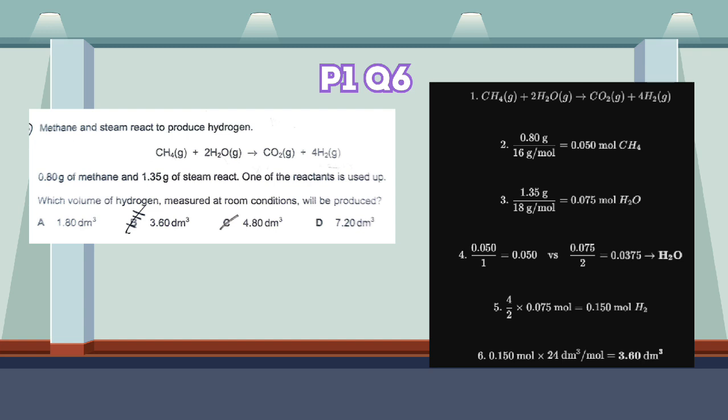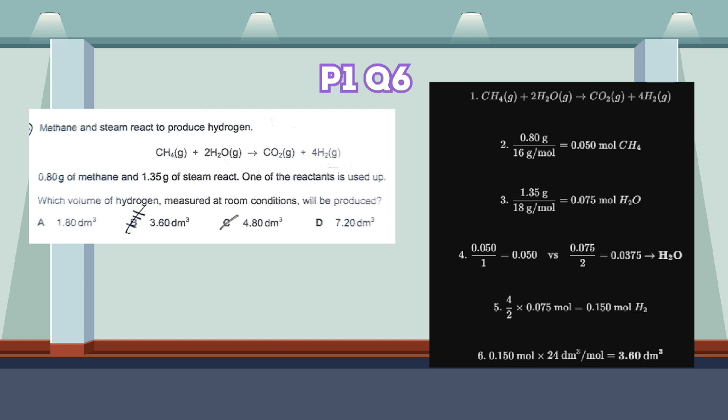For methane, 0.05 divided by 1. For water, 0.075 divided by 2 is 0.0375. Since water has the smaller ratio, it's our limiting reactant and we will run out first.